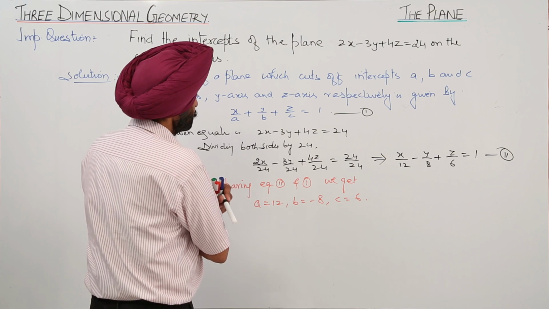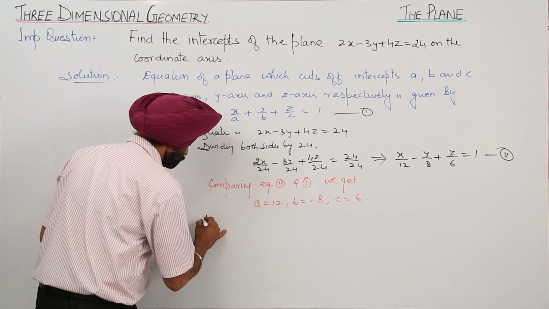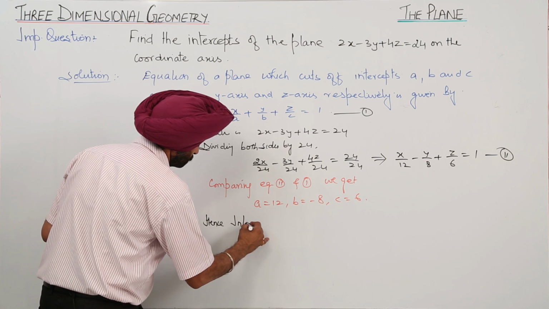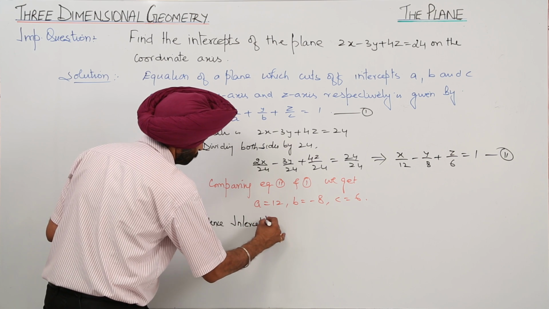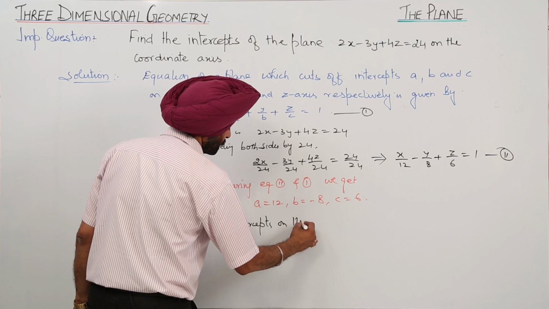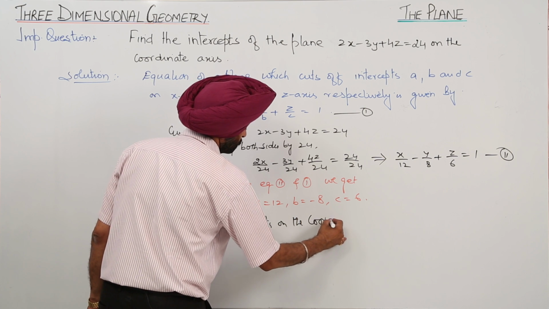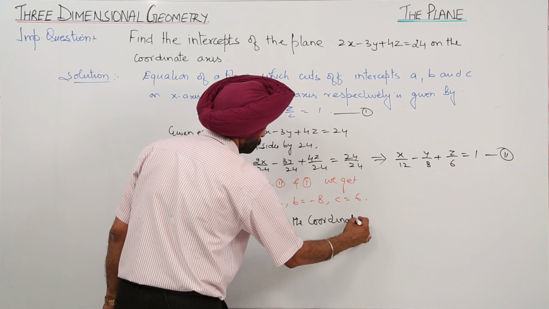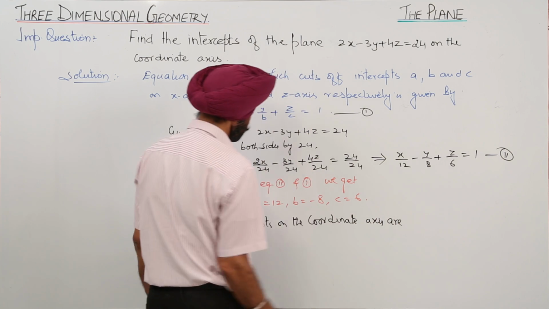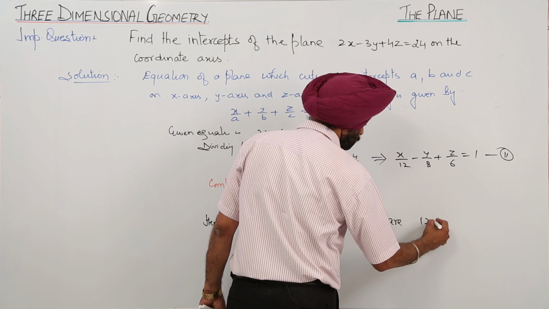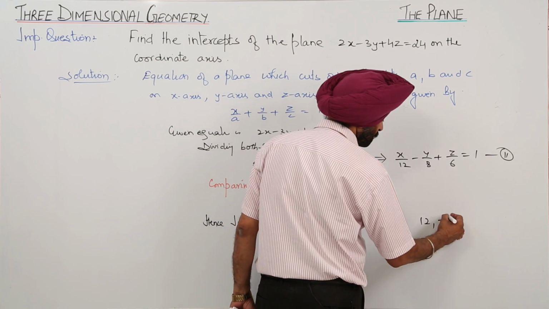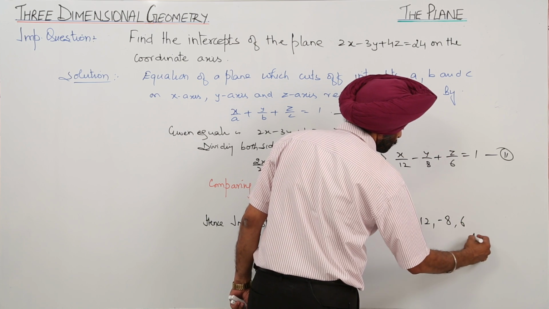Hence, intercepts on the coordinate axis are 12, minus 8 and 6. This is the answer.